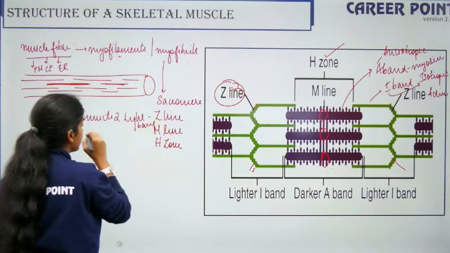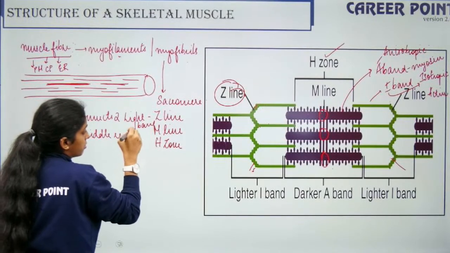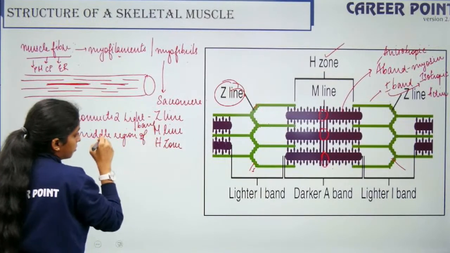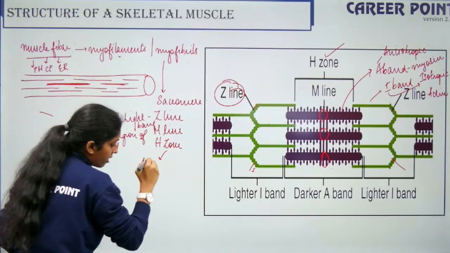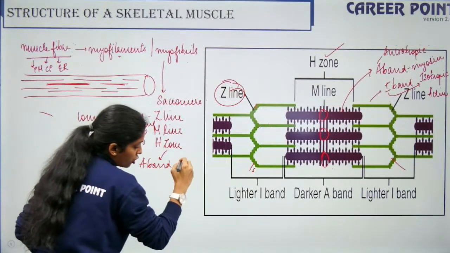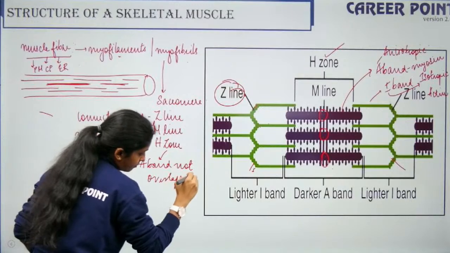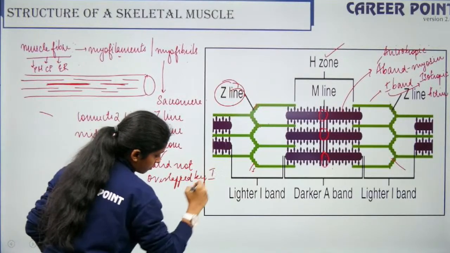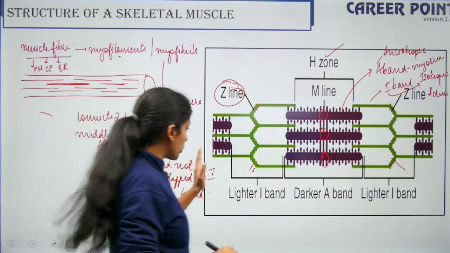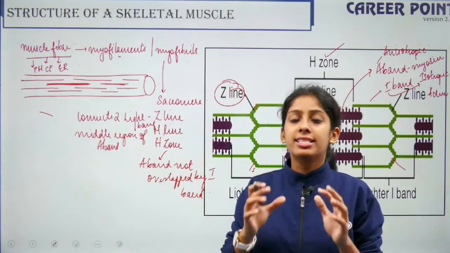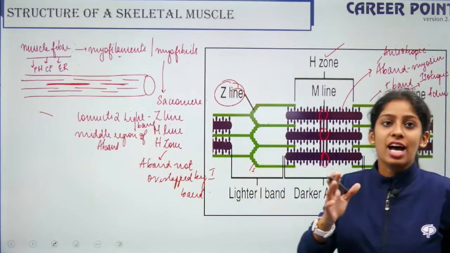The M line is the middle region of the A band. The H zone is the region of the A band which is not overlapped by the I band. And the region between two successive Z lines is the sarcomere.